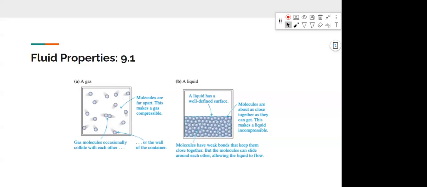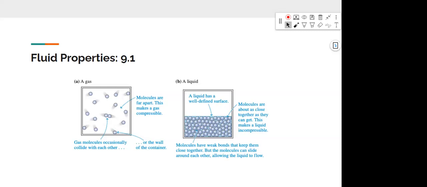We'll talk some more about the properties this leads to, but you can probably imagine the most obvious one, which is pressure. If you fill a balloon, for example, with gas, it'll exert some pressure on the rubber of the balloon, and that'll be countered by the inward springiness of the balloon itself.